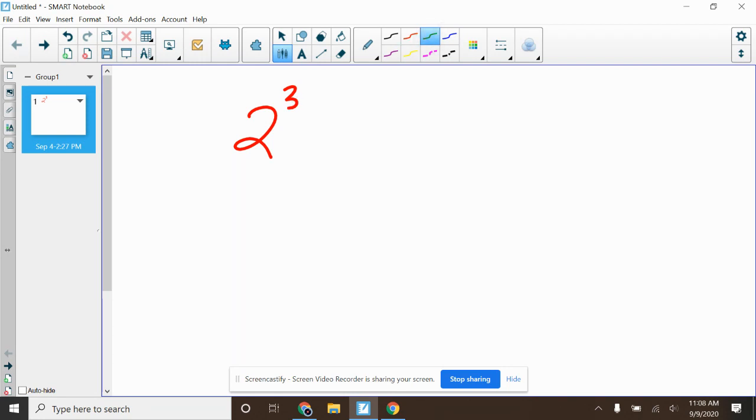So she just took that definition and she put it into math practice. She said, I'm going to take the base and multiply it how many times? 3. So it would look like this: 2 times 2 times 2. That's what it looks like.